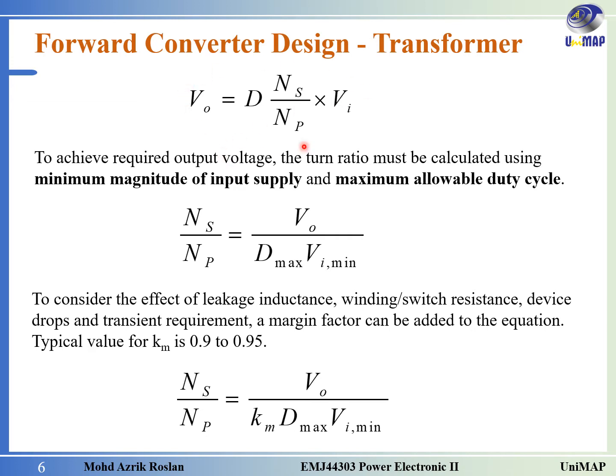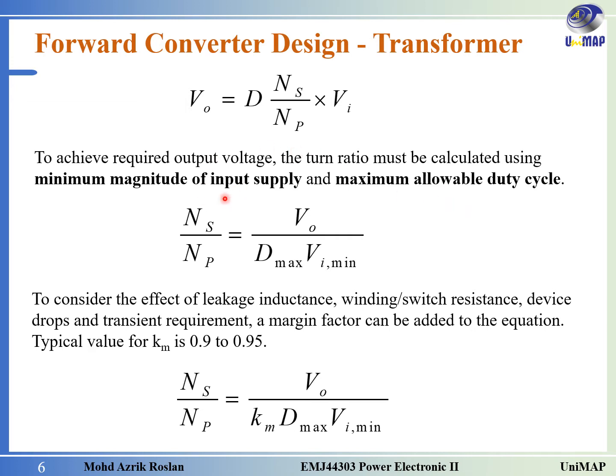This is the output voltage equation for the forward converter, in which the output voltage is equal to the duty cycle multiplied by NS over NP, secondary winding over primary winding, multiplied by the input voltage. To achieve the required output voltage, the turn ratio must be calculated using the minimum magnitude of input supply and maximum allowable duty cycle.